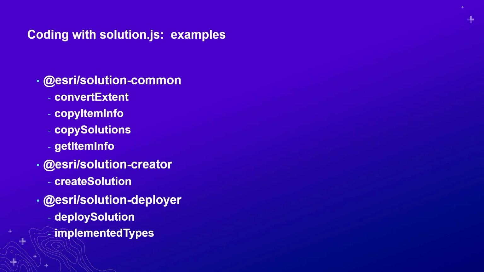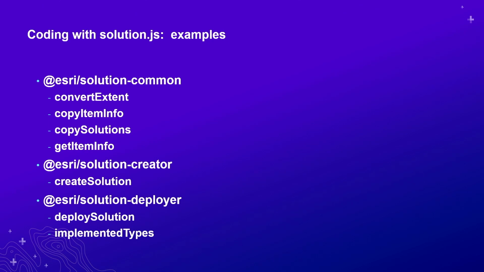Implemented types is a simple one that just shows what types are either already in both creator and deployer or are in progress. What it's doing is there are module maps inside each of those two modules, creator and deployer, that say, okay, for a web map, use this portion of code.